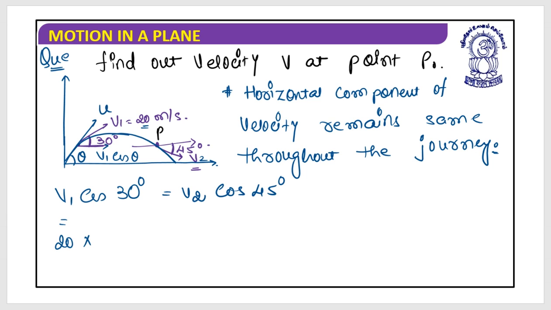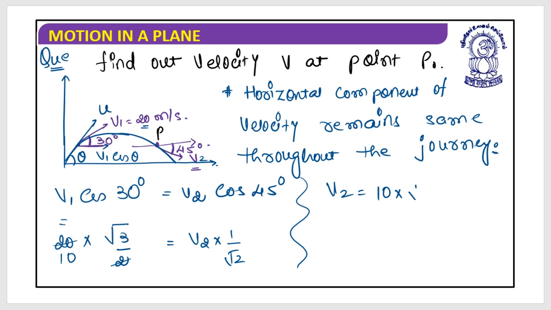It's 20 into cos 30, and cos 30 is root 3 by 2. That equals v2 into cos 45, which is 1 by root 2. It's 20, it's 2, this is 10. So v2 equals 10 multiplied by root 3 multiplied by root 2, which is 10 root 6 meter per second.